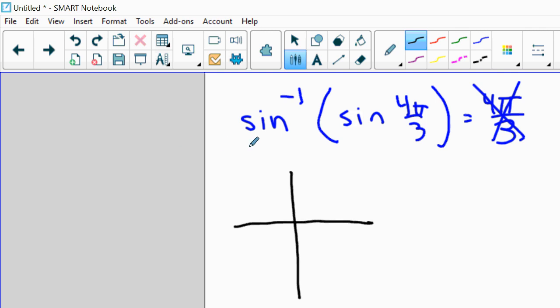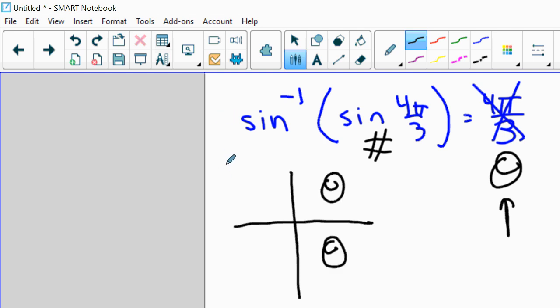Recall, sine inverse of a number equals an angle. And the angle must lie in the first or the fourth. But this is 240 degrees. It's in the third.